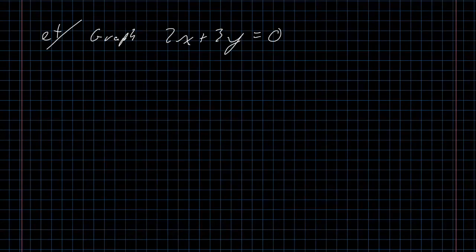Turns out when you have a line that passes through the origin, there are a couple of other really nice properties that you can also look at for other lines, but it's just a lot easier. So let's graph 2x + 3y = 0. There are several different ways you can choose to go about this. I'm going to take the simple approach of plotting some points.